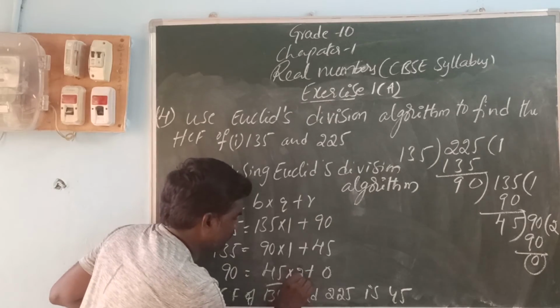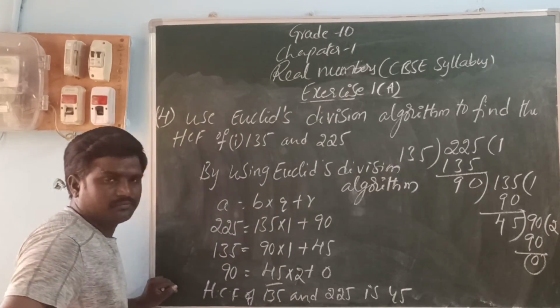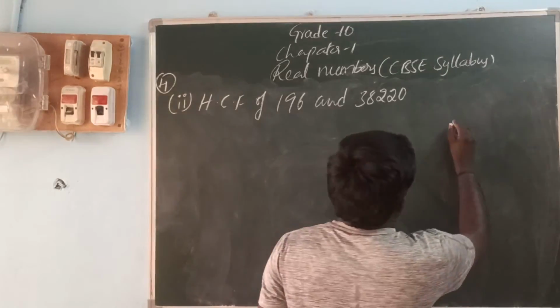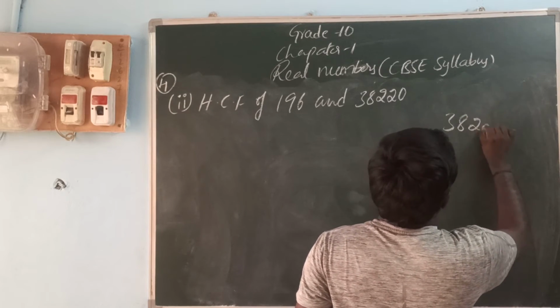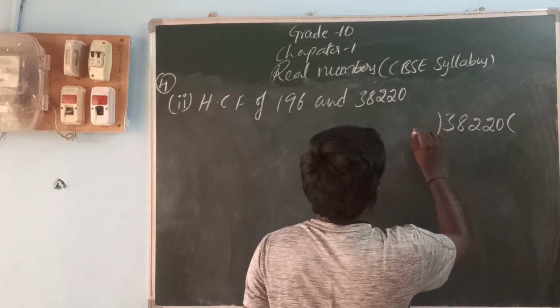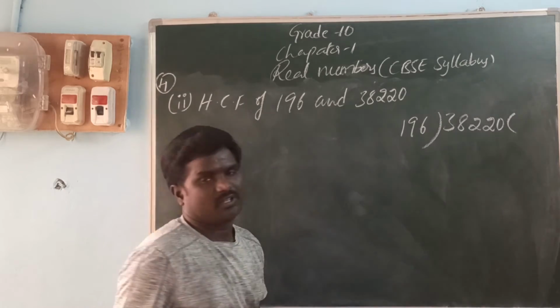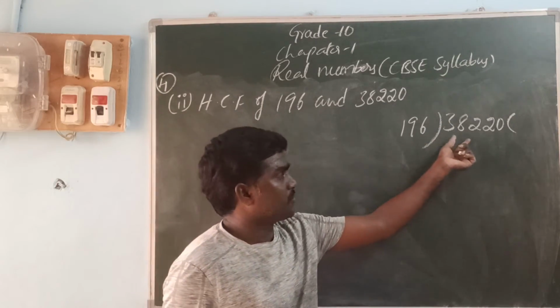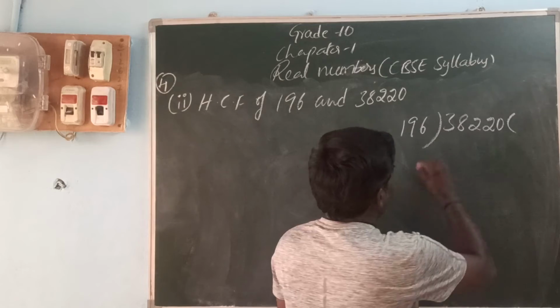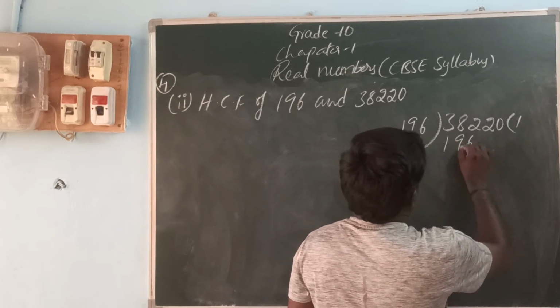Same way, 38220 is divided by 196. Here 3 digits, here also we take 3 digits. 196 ones are 196.